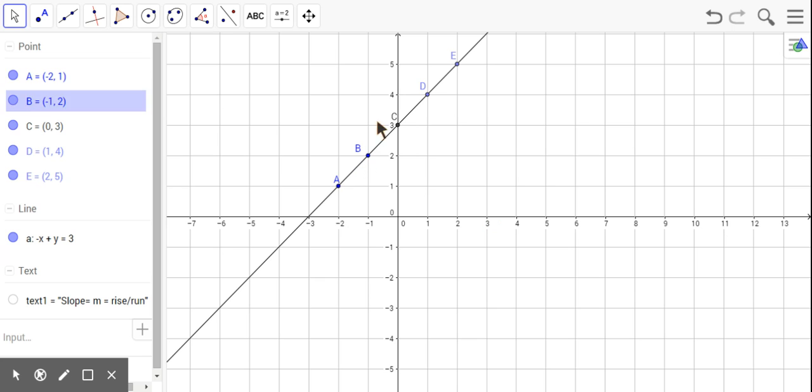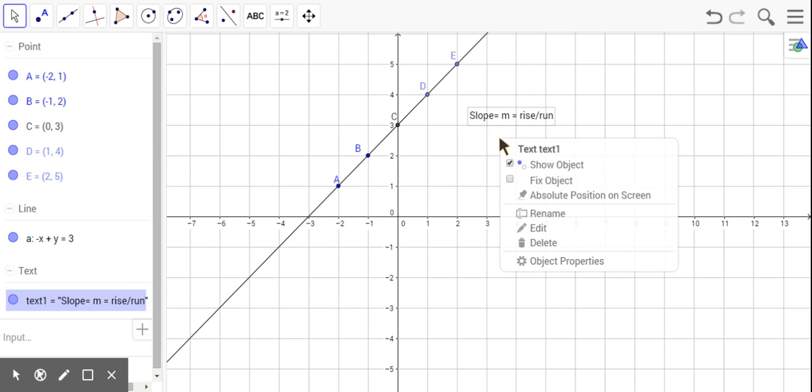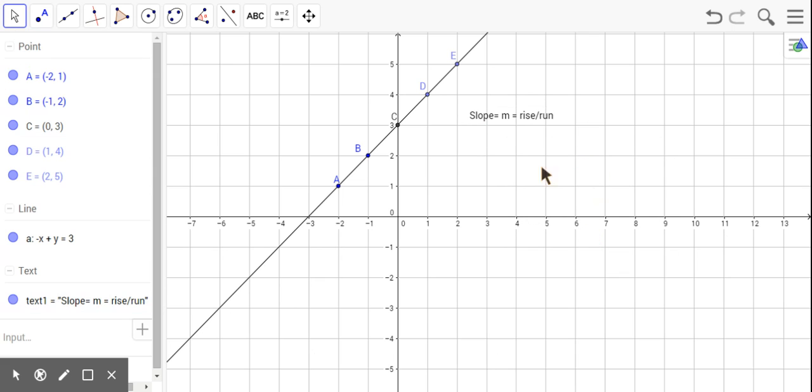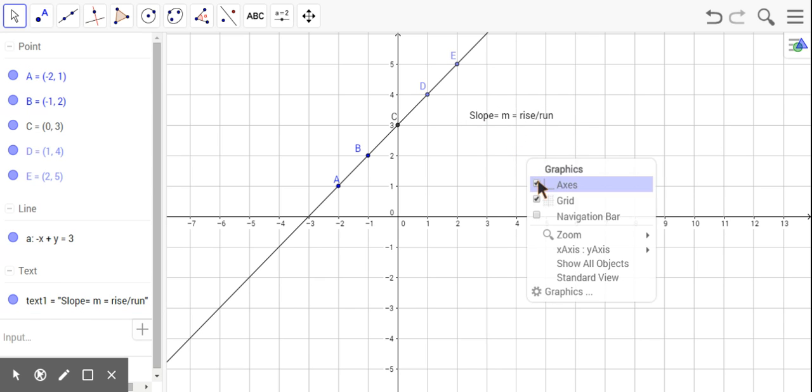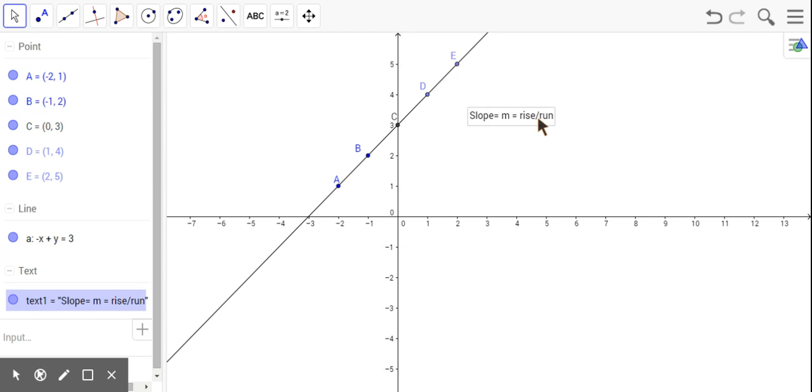Okay, what I hope that you saw was that from A to B, B to C, C to D, D to E, there's the same pattern. They go up one, over one, up one, over one. Every line has something called a slope, and the slope is represented by the letter M, and it's called the rise over the run.